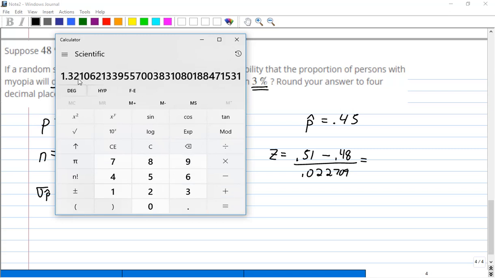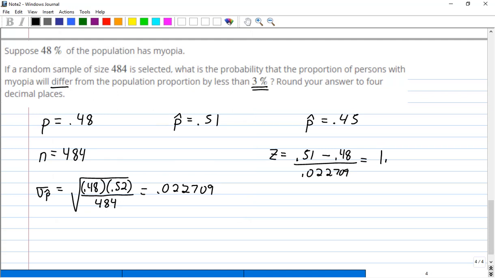Alright, so I always round my z-scores to two places. So this is going to be a positive 1.32. Now I bet you there's somebody in here that can tell me the other one without even working it out. Negative 1.32.